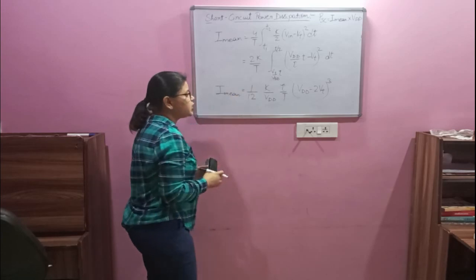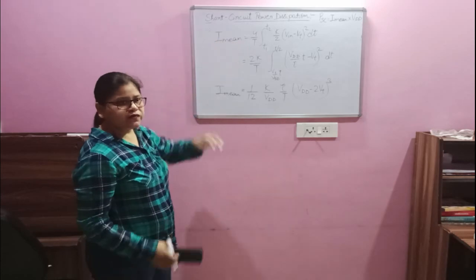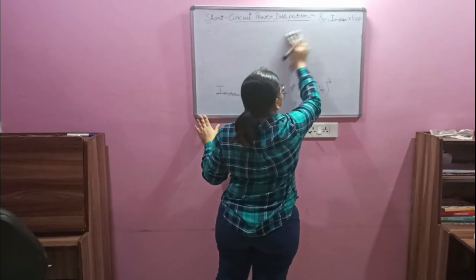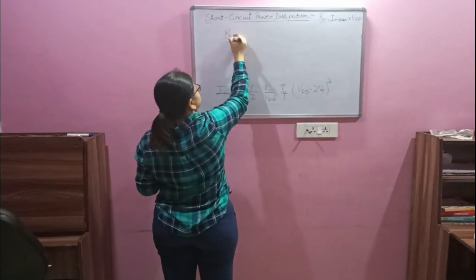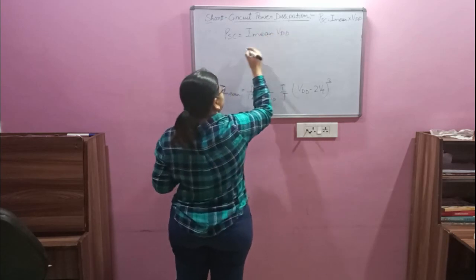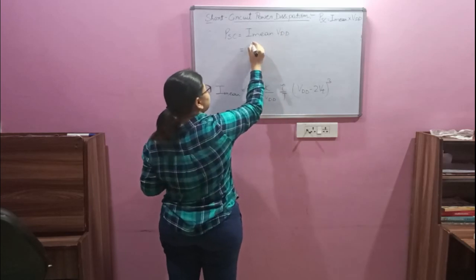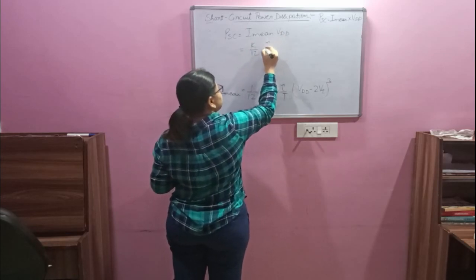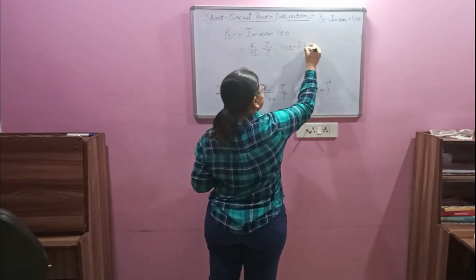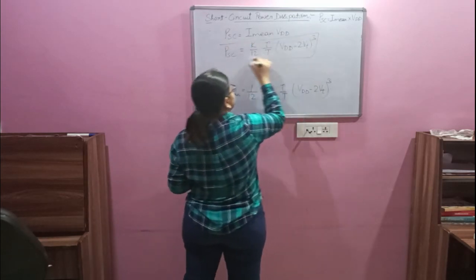Now if the mean current equation is derived, then it is very easy to finalize the short circuit power dissipation. So we will take the short circuit power dissipation as the mean current into VDD, and placing this equation over here, VDD and VDD will cancel out and it will be K by 12, tau by T, into VDD minus twice VT whole cube. So this is how the short circuit power dissipation can be estimated.